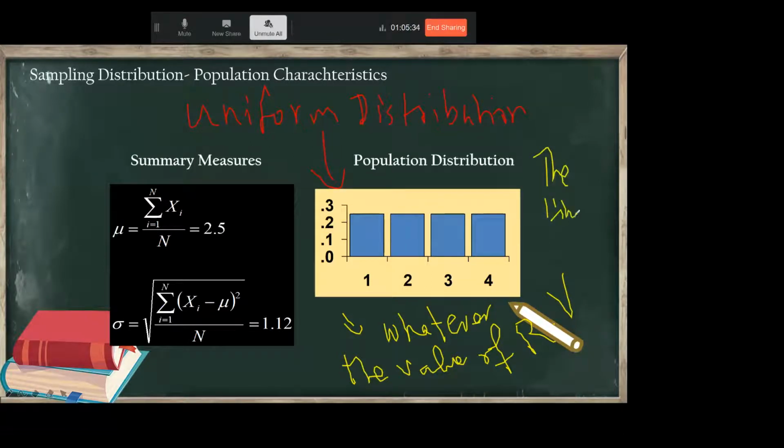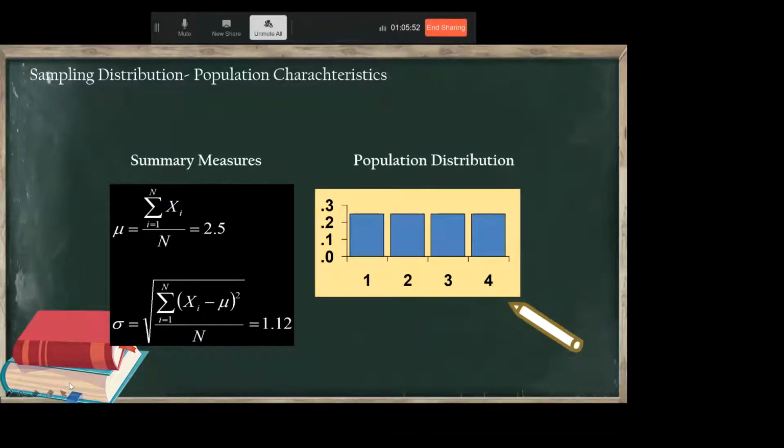The chances of occurrence are equal. Then it means uniform. So if we have x1 is 1 and x2 is 2, so we have all the x's here, 1, 2, 3, 4. All of them have an equal chance.